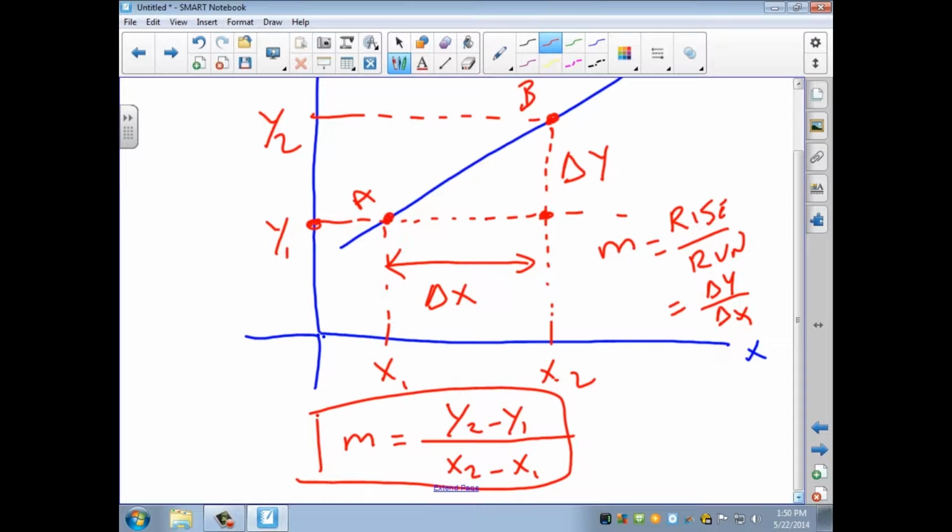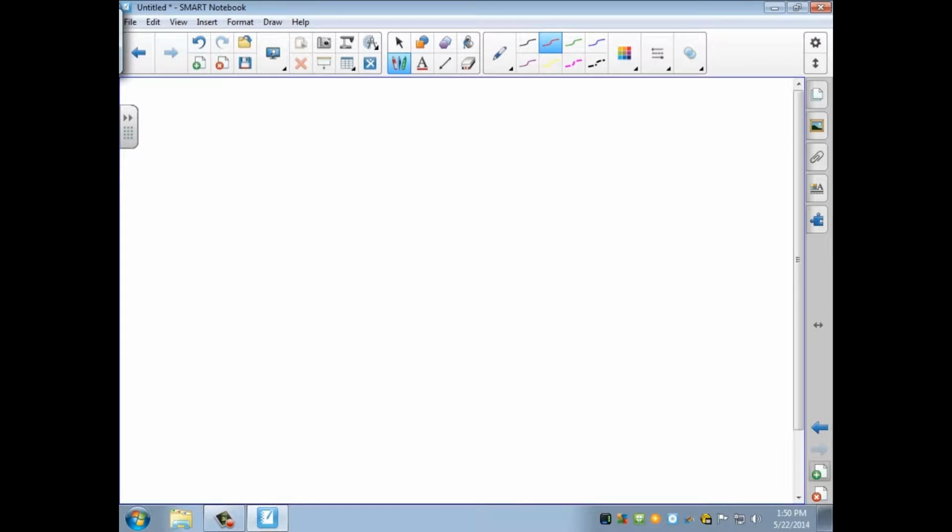So this would become a formula in calculating the slope of a straight line. Now, linear functions. Well, first of all, let's talk about functions for a moment. Functions are like an input-output system. So if you say y is a function of x, that means as x changes, it would cause y to change.